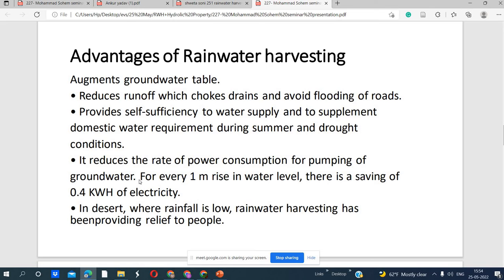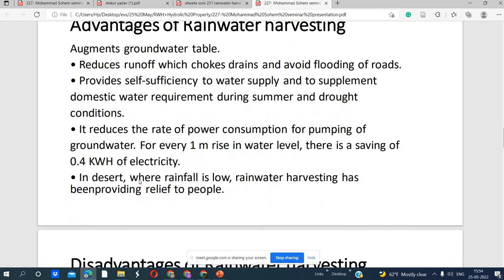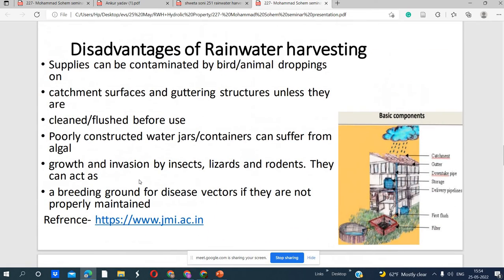The disadvantages of rainwater harvesting are: supplies can be contaminated by birds' and animals' droppings on catchment surfaces and guttering structures unless they are cleaned and flushed before use.